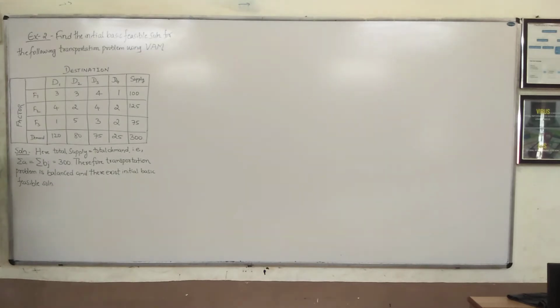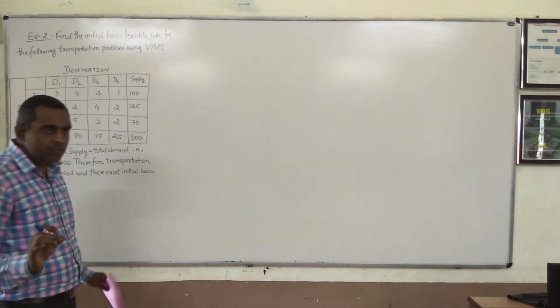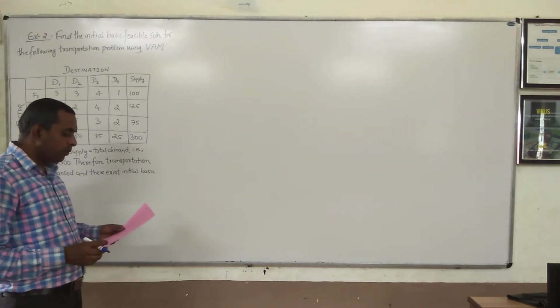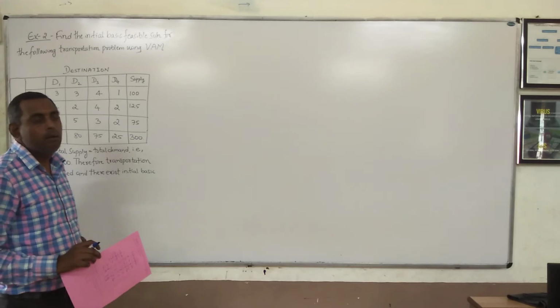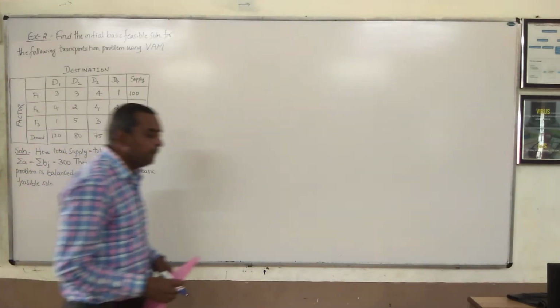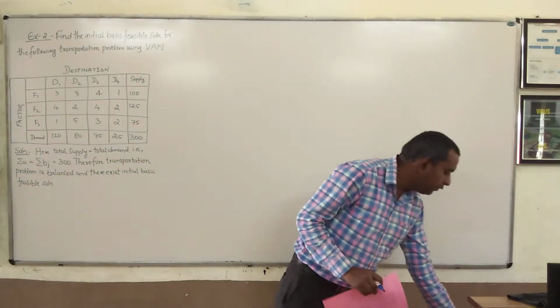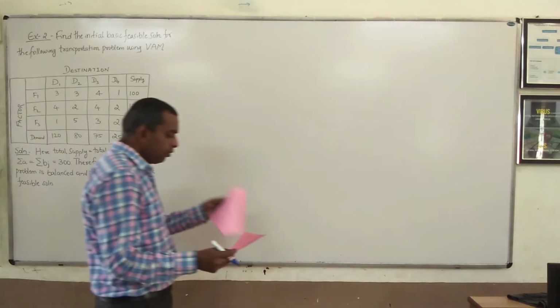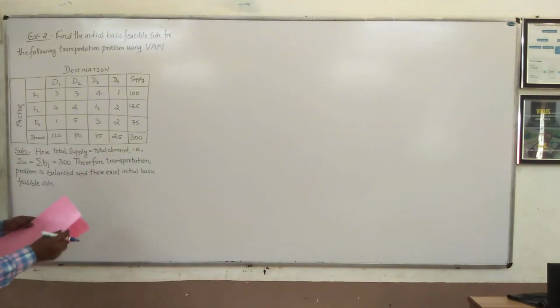Fine. So once we know the transportation problem is balanced, we have to start solving it by Vogel's approximation method. For doing that, I have to draw the table once again here.